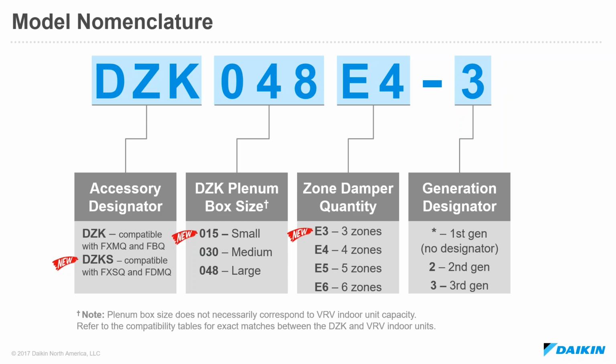But depending on the particular DZK option being selected, there are either 3-zone outlets, 4 zones, 5 zones or 6 zone outlets. And again, it really depends on the capacity of the indoor unit that's being connected. For a more holistic view, refer to the compatibility charts and the model lineup that we'll look at on the next couple of slides.